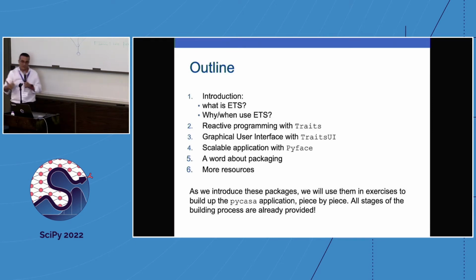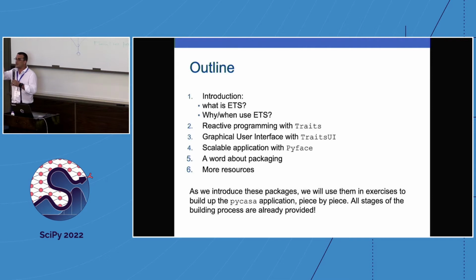And as we do this, if you've looked at the repository that we've given you guys, you'll see that there are lots of folders: stage 1, stage 2, stage 3, and so on. You can think of all of these stages as Git commits.